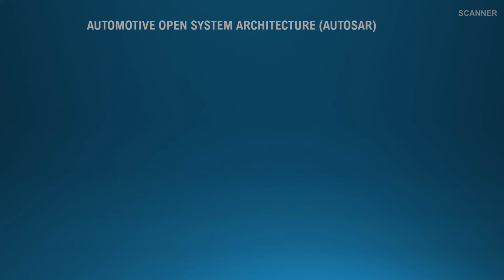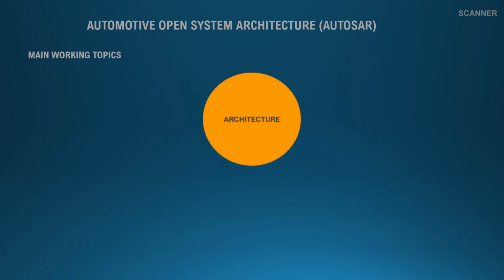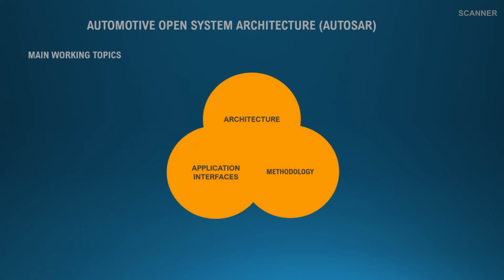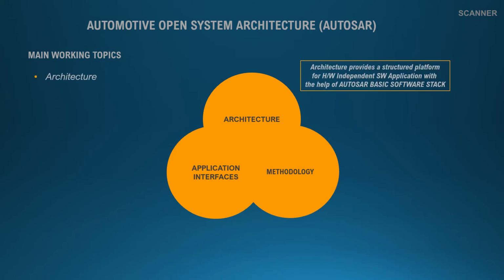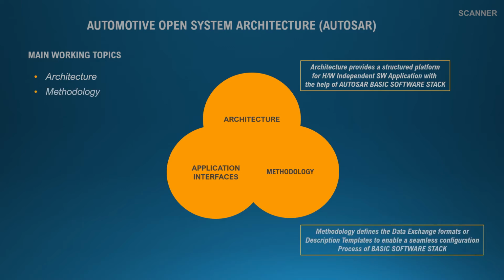These are the main topics on which the AUTOSAR Consortium is working: architecture, methodology and application interfaces. AUTOSAR architecture provides a structured integration platform for hardware-independent software applications, with the help of AUTOSAR basic software, or BSW.